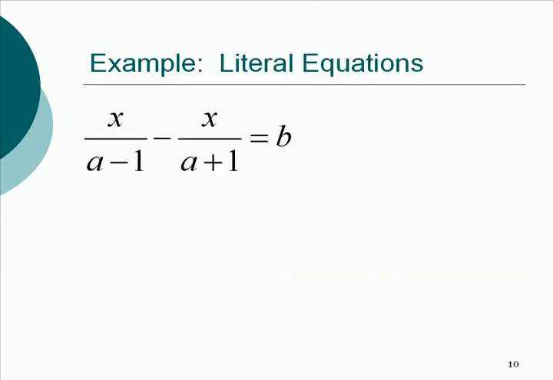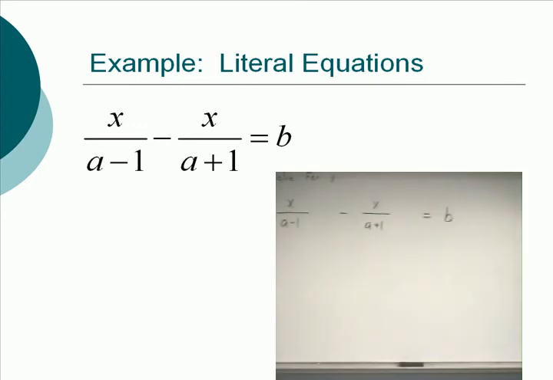The last one we're going to do is a literal equation. All the same principles are going to apply, but here all of our terms or all of our values are variables. Well, what do we need to do first?